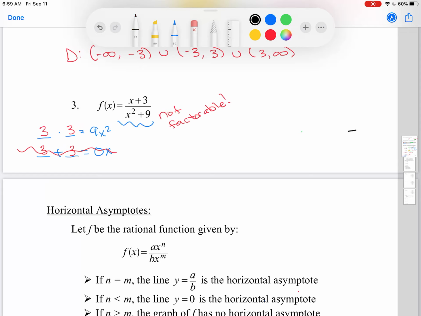okay? And what that means is that if it's not factorable, we don't have vertical asymptotes this time. So we're going to say none. And my domain is going to be all real numbers, because there's no such number that's going to make my denominator a 0.